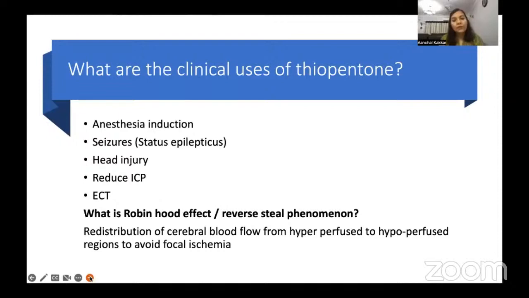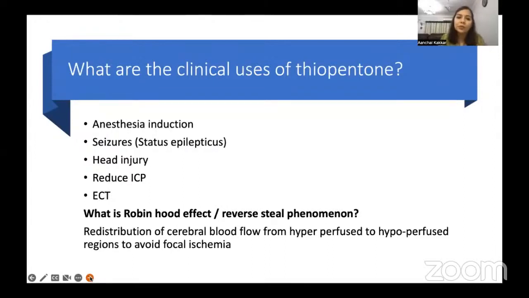So if the examiner is asking you about thiopentone, the examiner will also ask you, what do you understand by the Robin Hood effect or the reverse steal phenomenon? What Robin Hood used to do, he used to steal from the rich and give to the poor. A similar effect thiopentone also has. It redistributes the cerebral blood flow from hyperperfused areas to hypoperfused areas to avoid focal ischemia.